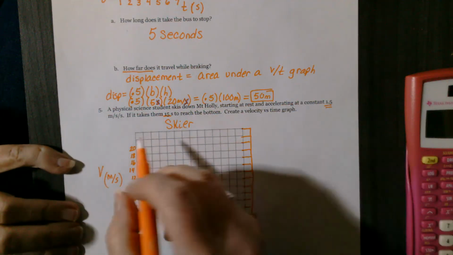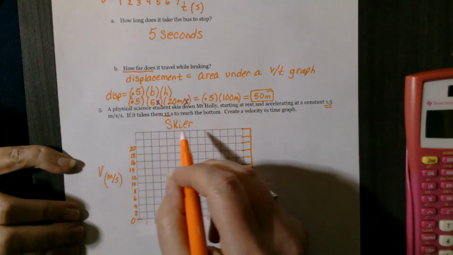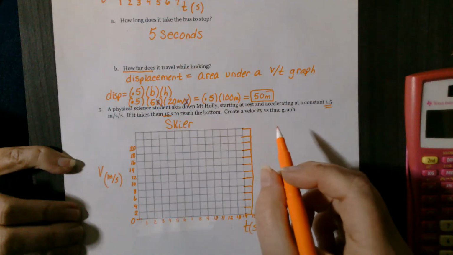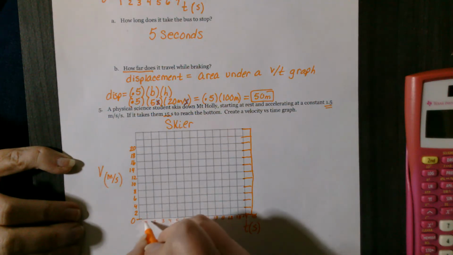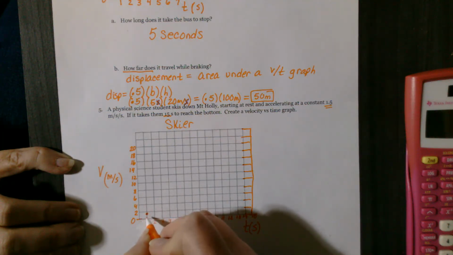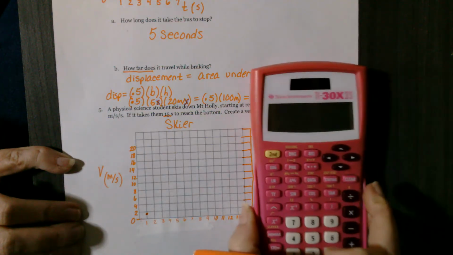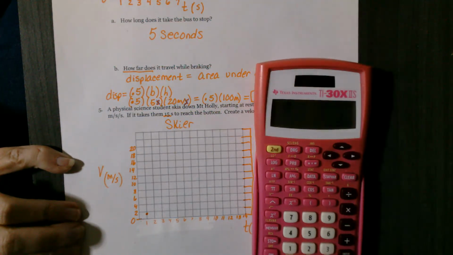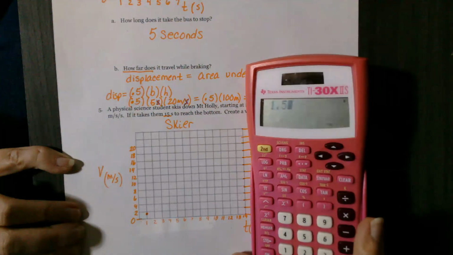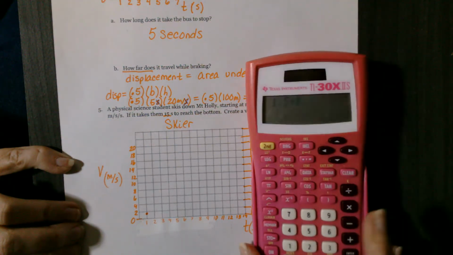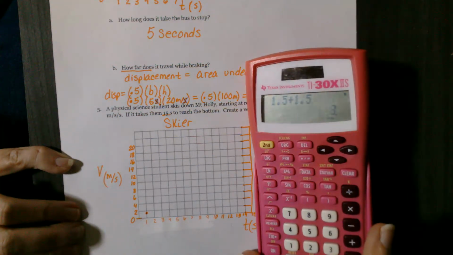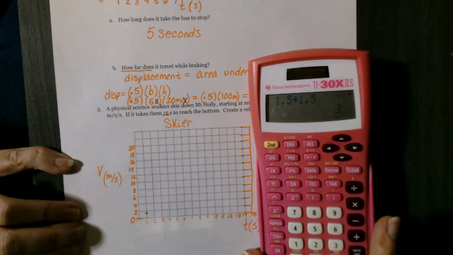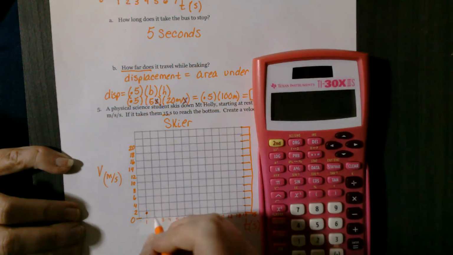Now I'm thinking. So we've got 1.5 meters per second every second. So it's going to start at 1.5, which is close to 2. At 2 seconds, it's going to be 1.5 plus 1.5, so it's going to be 3 meters per second.